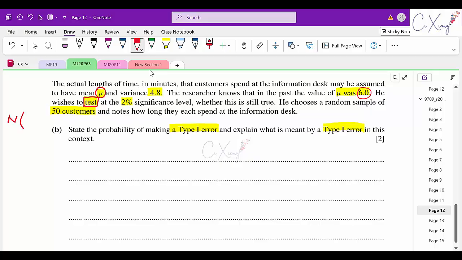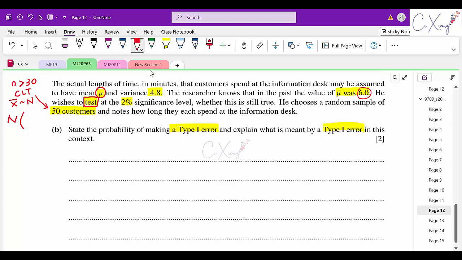And how can we make sure that the information that we have is normally distributed? They didn't mention that the population is normally distributed, but you have a large sample size. The n is greater than 30, which is large. And then according to the central limit theorem, you know that the sample mean will be approximately normally distributed as well.